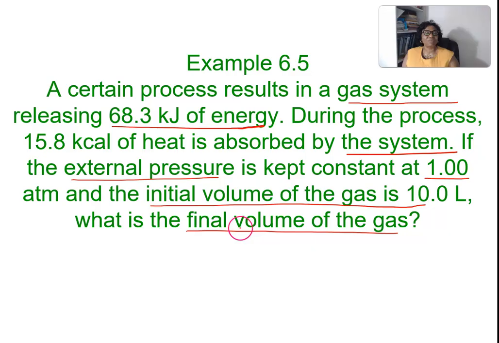What is the final volume of the system? So this is the amount of energy released. This is the amount of heat absorbed by the system. So we don't have the work. Let's see what work is, then we use it to find the volume. We need to know the amount of work it did on the surroundings.